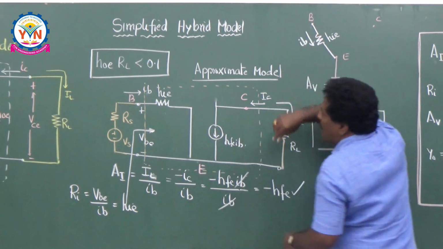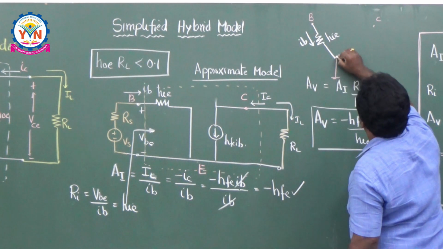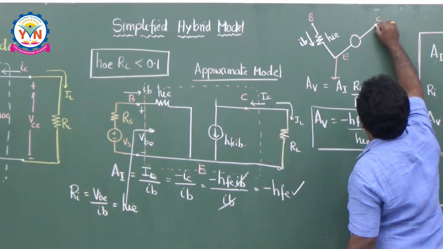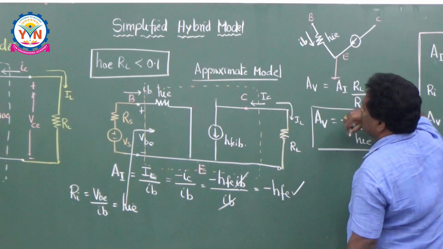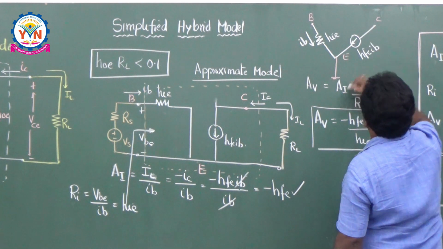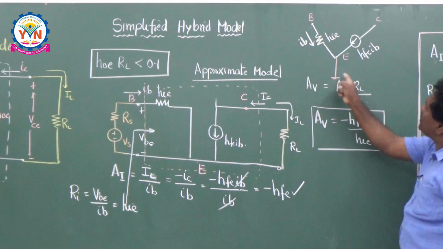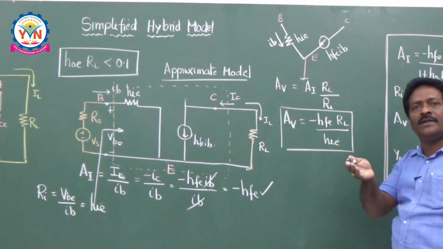And between the collector and emitter, there is a current source pointing towards emitter. What is its value? HFE times IB.